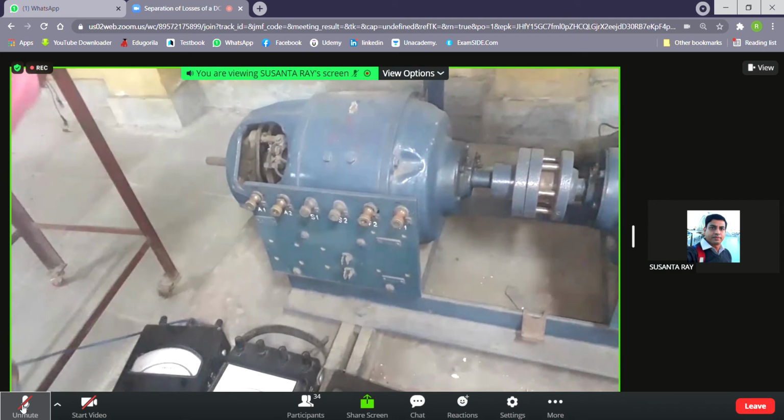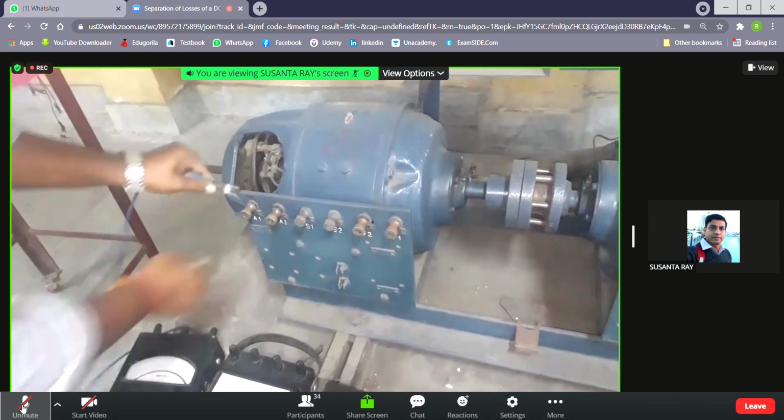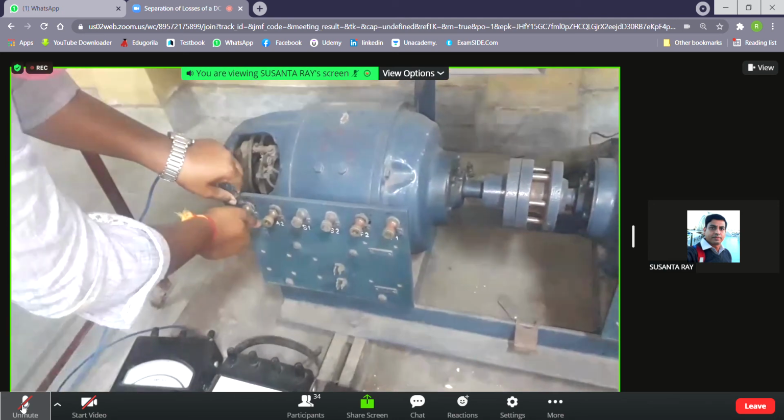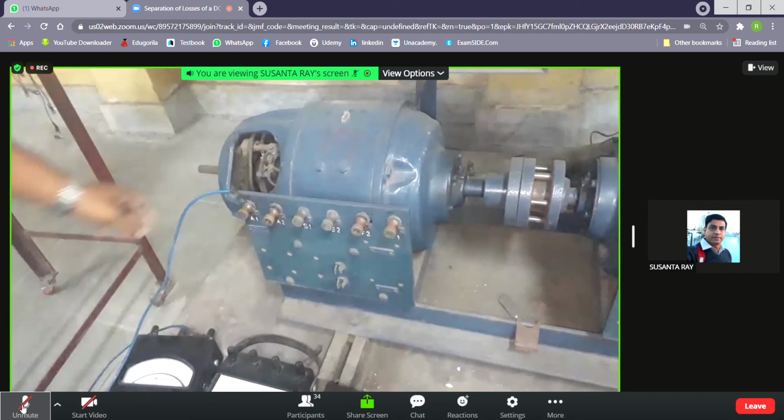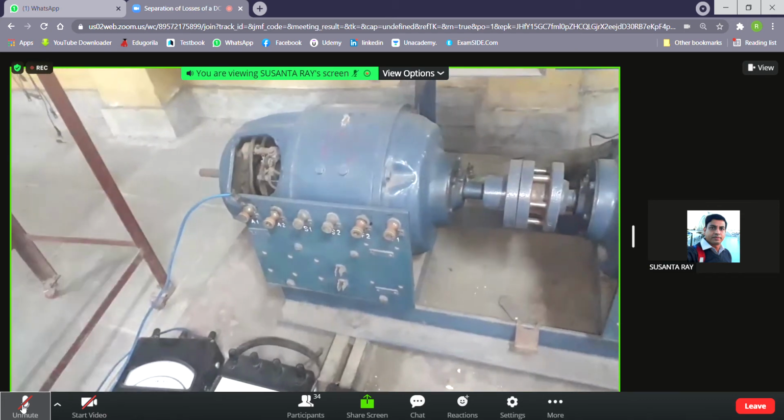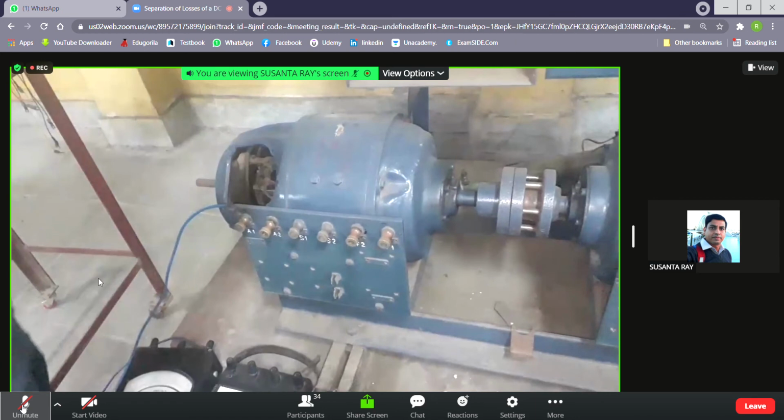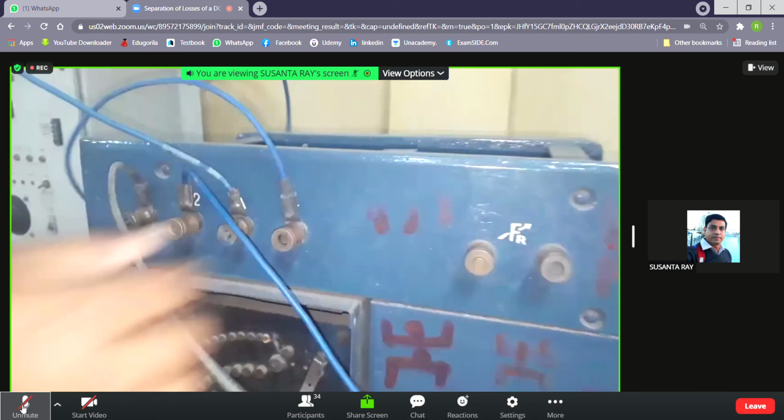Okay, just see how we connect all this in series. All these two things are connected in series, the rheostat and the ammeter, and the A1 terminal is shorted. Now another connection is starting from the F terminal of the starter. So this is the 4-point starter basically.